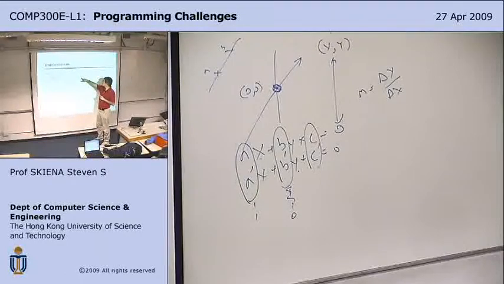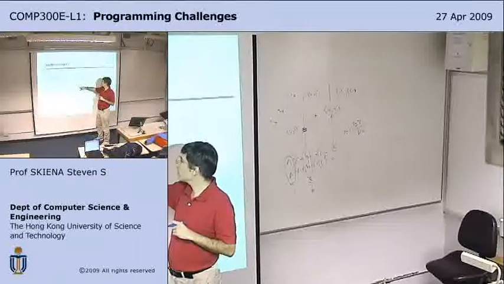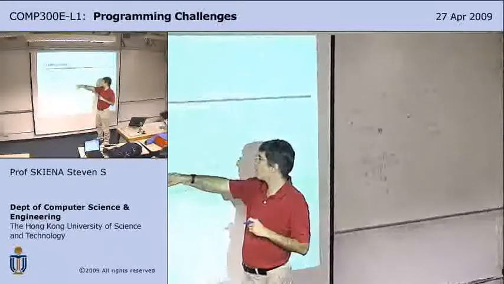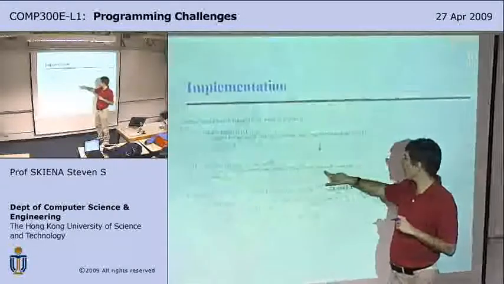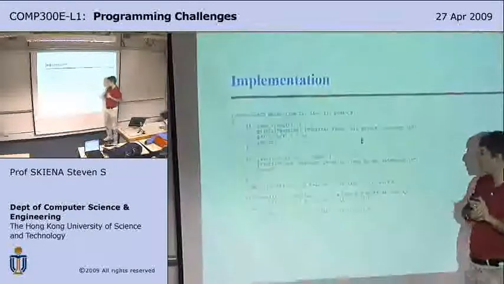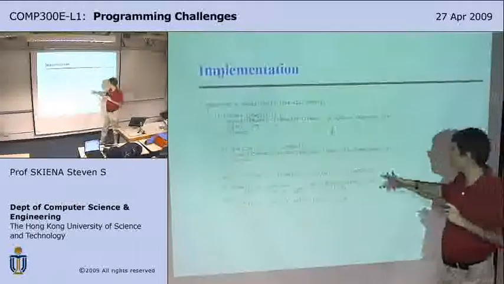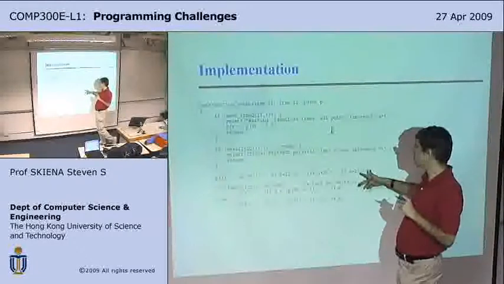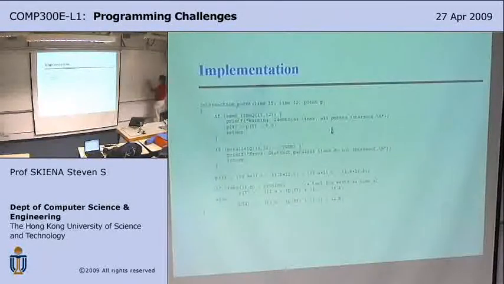In the case of parallel lines, I tested for that error. There was no point of intersection. Otherwise, what I did was do the test explicitly. And again, I had to take the special case of, so how do you actually find the intersection?